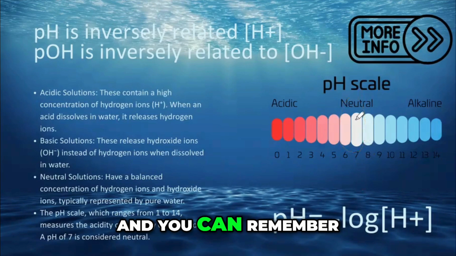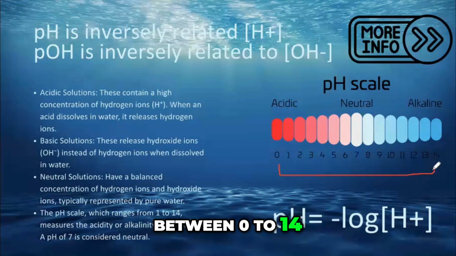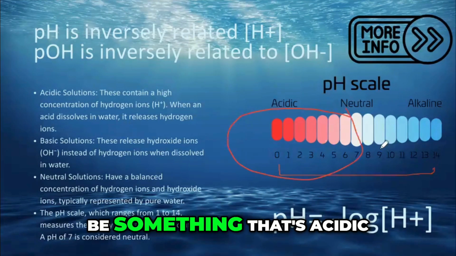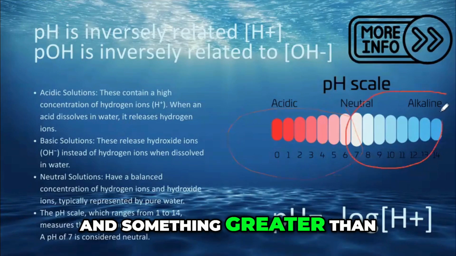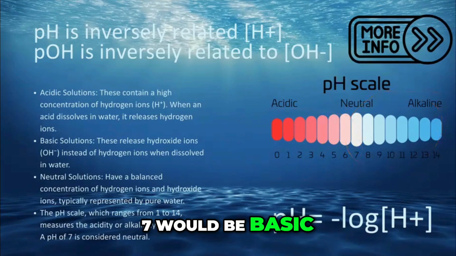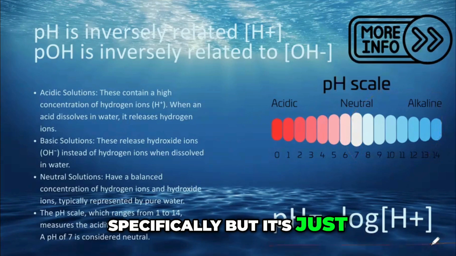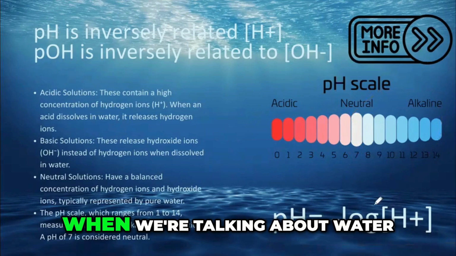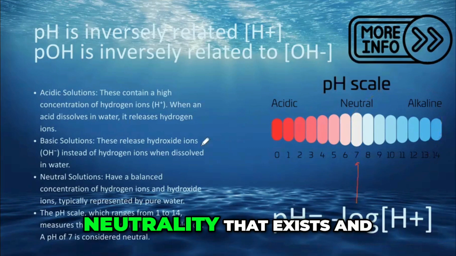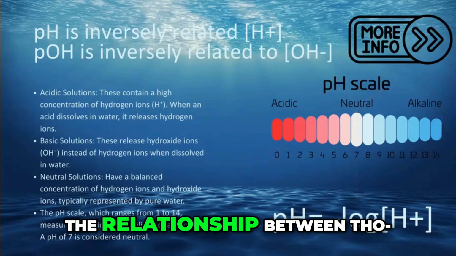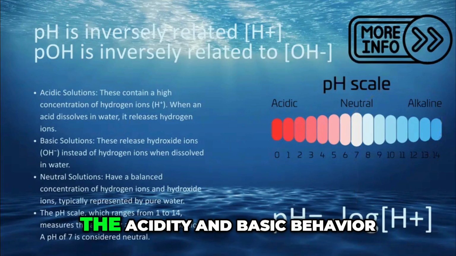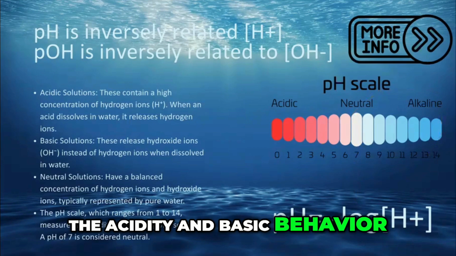You can remember between 0 and 14, less than 7 would be something that's acidic, and something greater than 7 would be basic. You don't really need to understand this formula specifically, but it's helpful to understand that when we're talking about water, we're talking about that neutrality and the relationship between acidic and basic behavior.